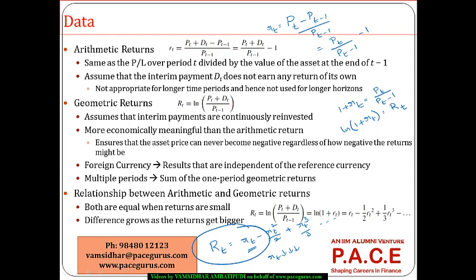Because if Rt is very small, all these higher powers, squares and cubes, will get ignored. But otherwise, if the arithmetic return is becoming larger and larger, there is a difference between the arithmetic return and the geometric return.